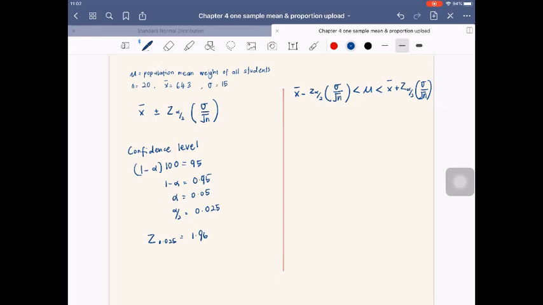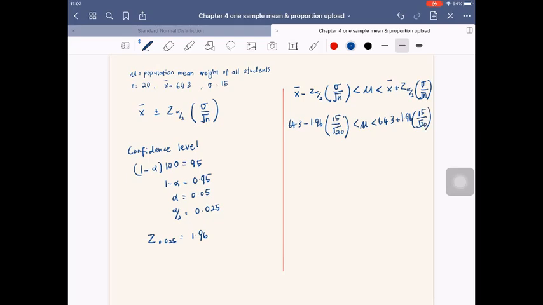We substitute the value of x bar, which is 64.3 minus 1.96 times 15 over square root of 20, and the upper limit will be 64.3 plus 1.96 times 15 over square root of 20.